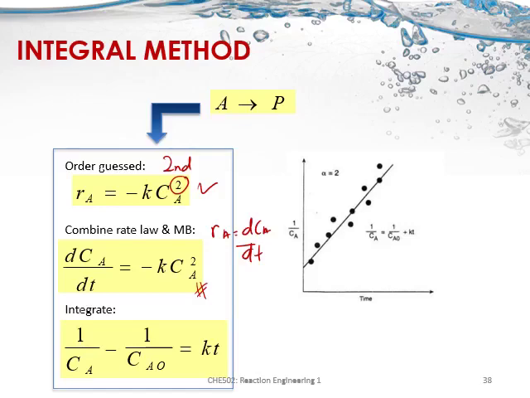Okay, integration for this one, we may rearrange this so that there'll be 1 over CA squared dCA equivalent to negative K dt. Alright, next is to integrate both sides. Negative K is a constant. You may put it outside of the integration. This equation also can be written as CA to the power of negative 2.